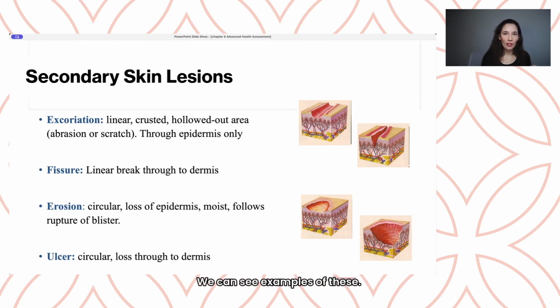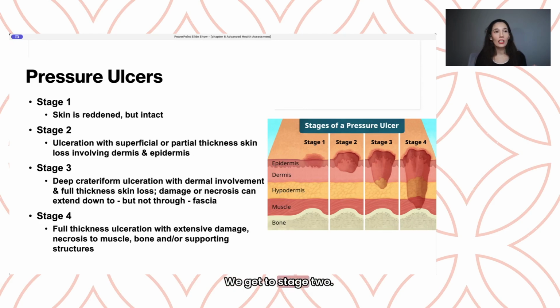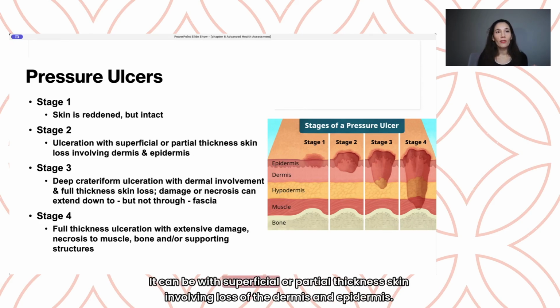We can see examples of these. So when we talk about pressure ulcers, there are different stages. Stage 1 is when the skin is reddened but intact. It only goes down to the epidermis. When we get to stage 2, it can be superficial or partial thickness skin involving loss of the dermis and epidermis.